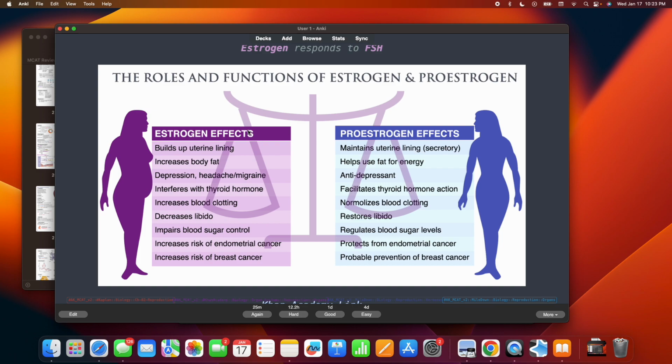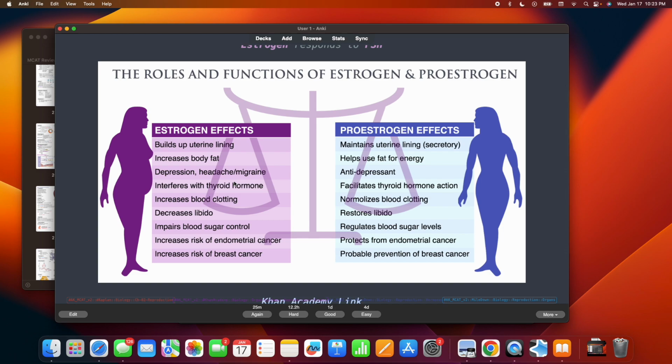Estrogen affects, builds up uterine lining, increases body fat, depression, headache, migraine, interferes with thyroid hormone, increases blood clotting, decreases libido, impairs blood sugar control, increases risk of endometrial cancer, increases risk of breast cancer.